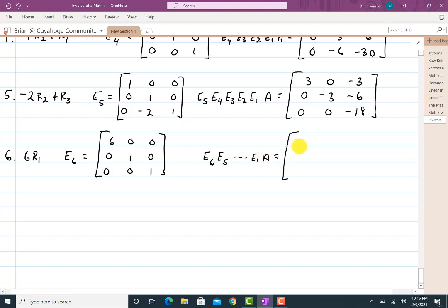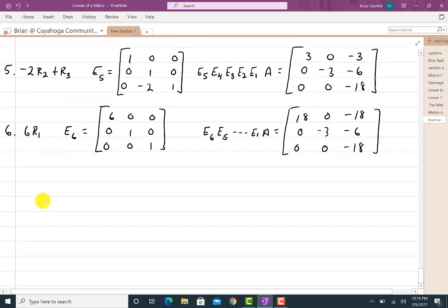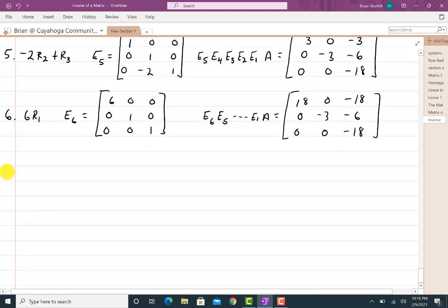This one was simple. All I did was multiply the first row by 6. And then the next thing I did was multiply the second row by 3.